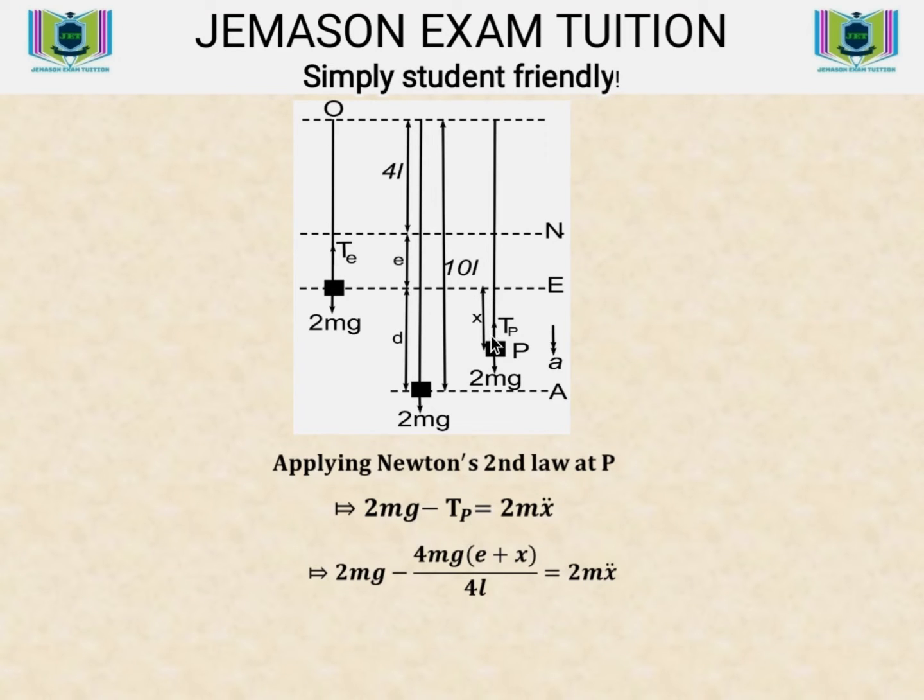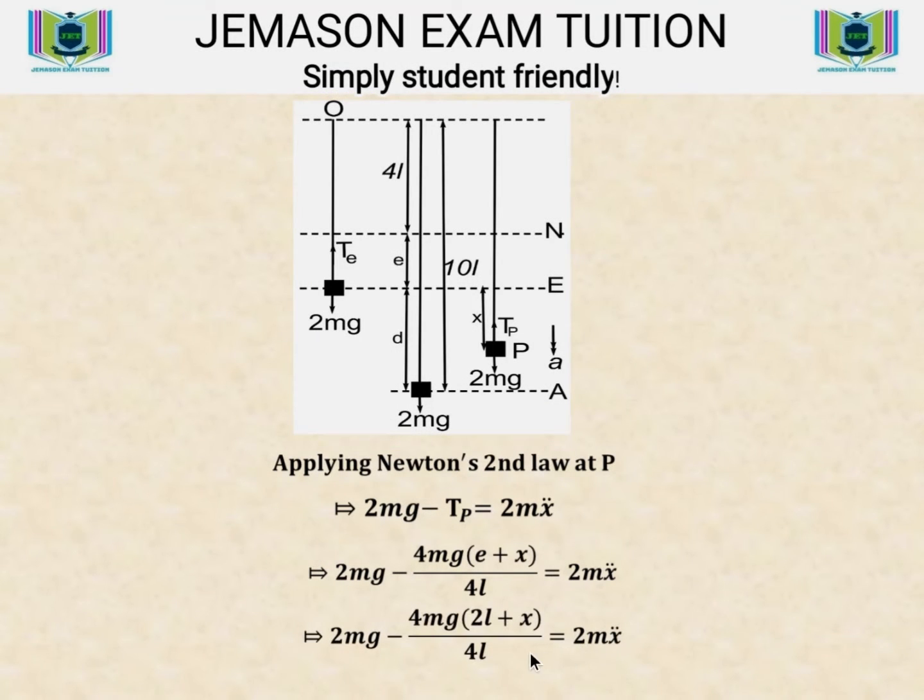So the total extension is e, the equilibrium extension, plus x. That's what we have here, all over the natural length, which is 4L, equals the mass times the acceleration.